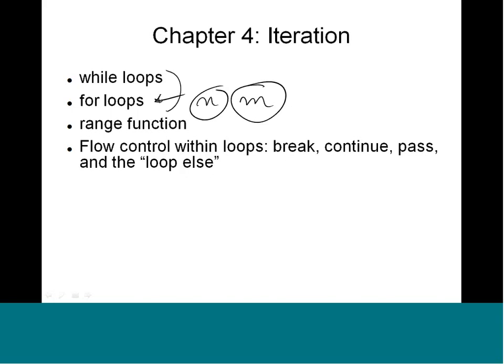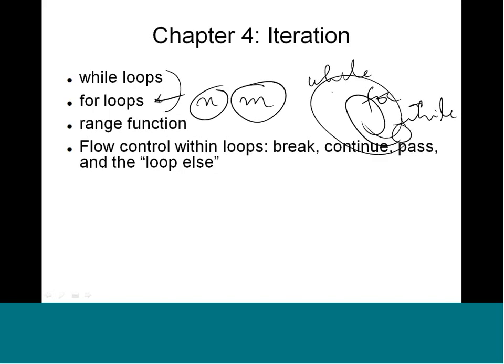One thing with both these loops is that they can be nested. Basically you can use while followed by for followed by while. So once the inner one finishes, then this will finish, then this whole loop will finish.